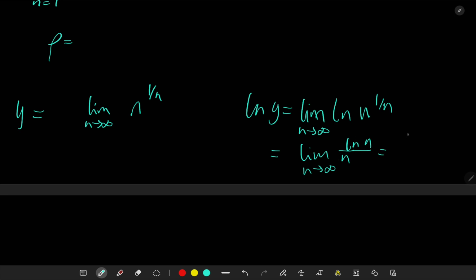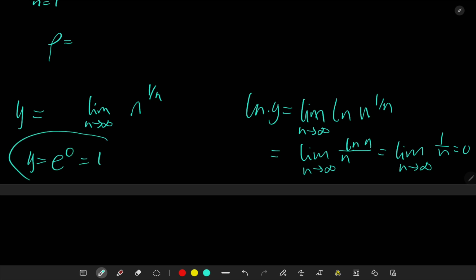So L'Hopital's tells you this is the limit as n goes to infinity of (1 over n) over 1, which is 0. But that's not your limit. The limit you wanted is y. So if the natural log of y is 0, y is e to the 0, which is 1.